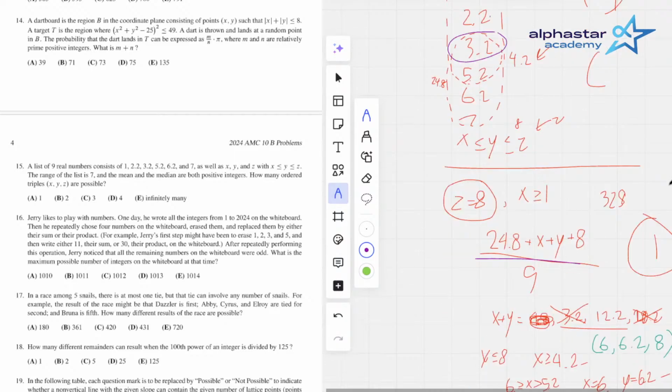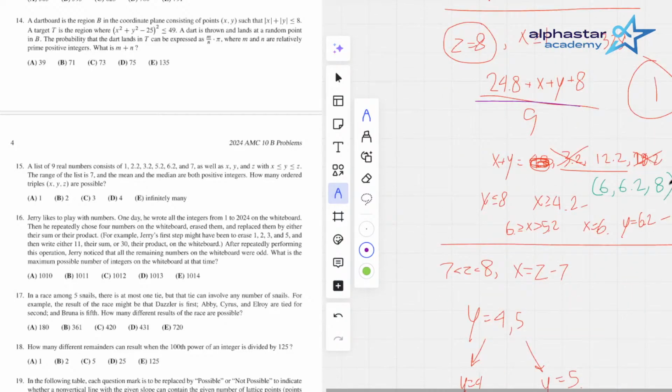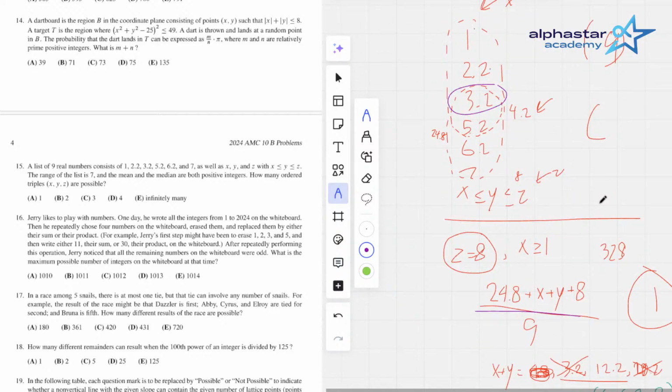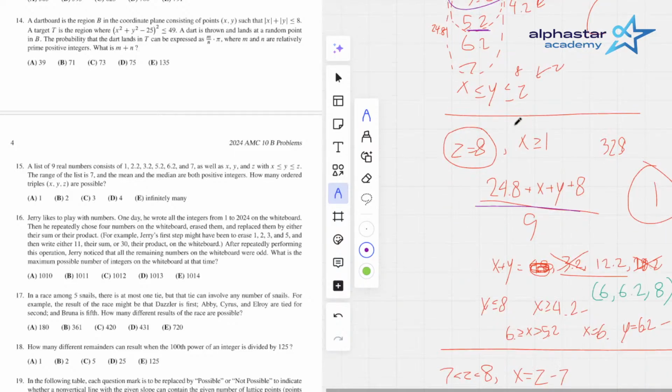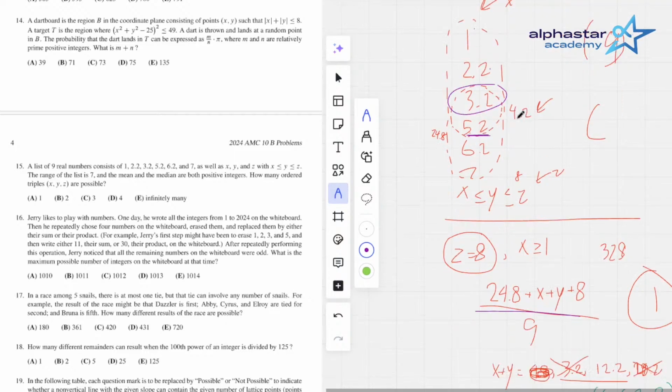The other one where it's 5, 7.2, would not work. It has to be at least 5.2. In fact, right, so this is the only possibility.